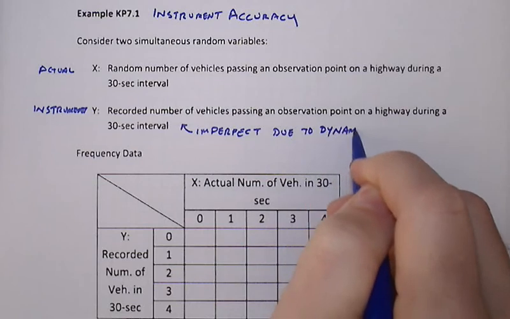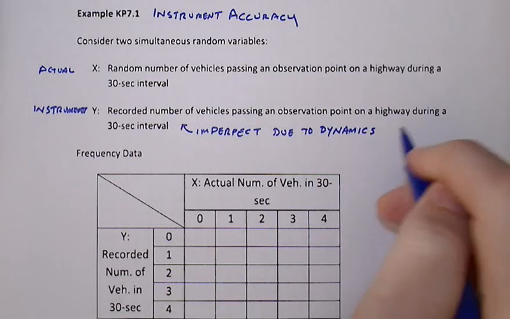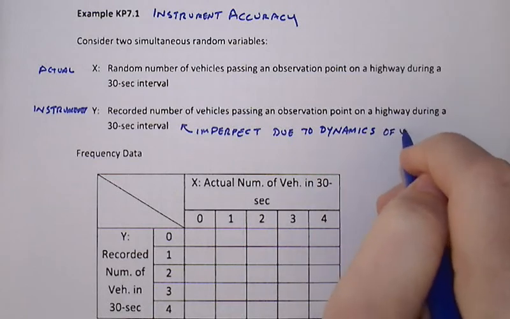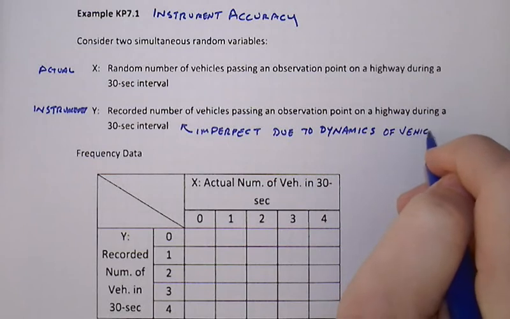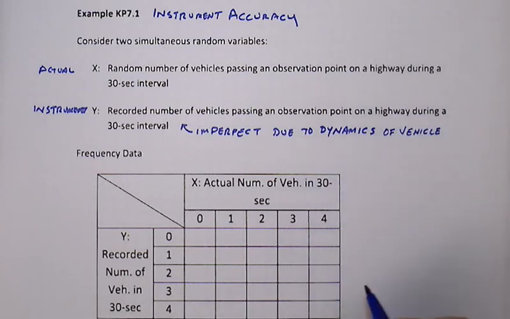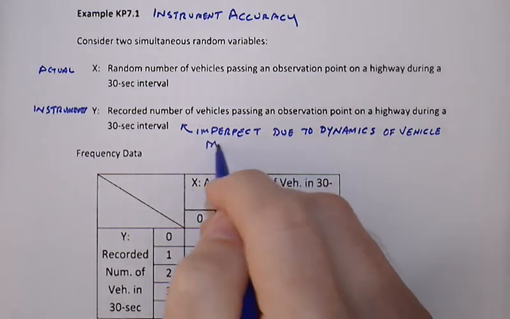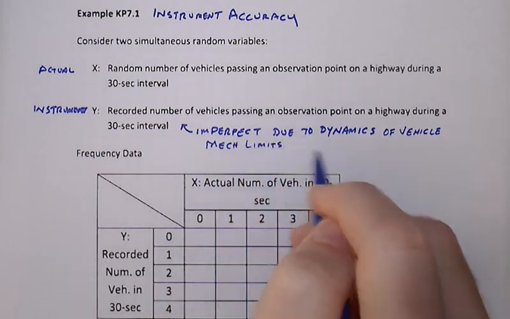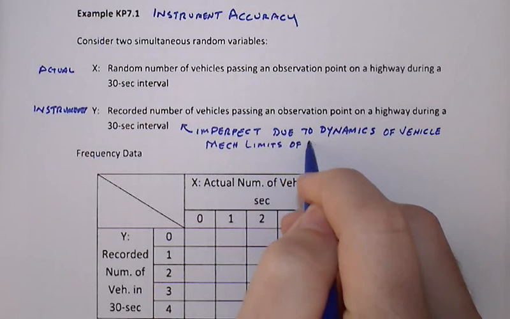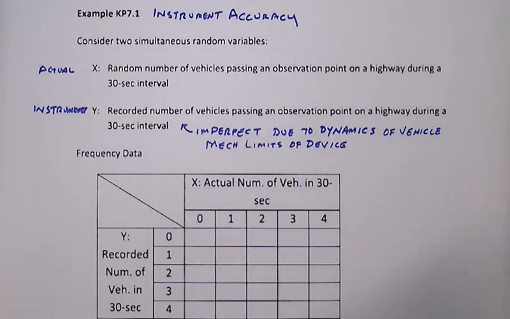They may have hit some sort of bump, and so when the wheels bounce across, they might actually not be quite solidly on the road, and therefore they don't trigger the mechanism. You also end up having mechanical limits of the device that sometimes then make an imperfect recording.